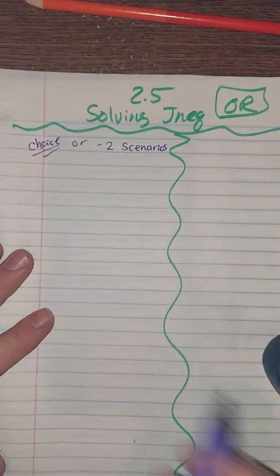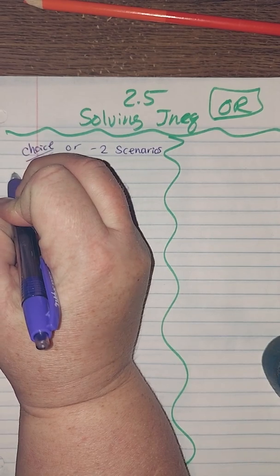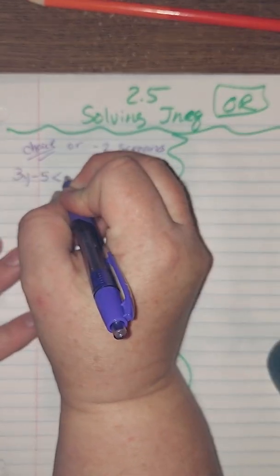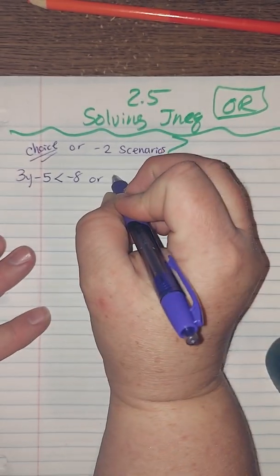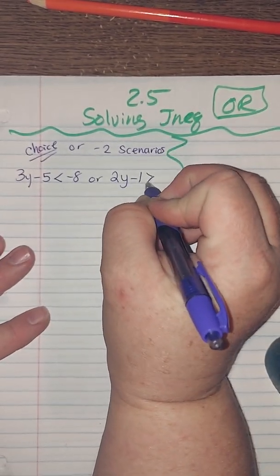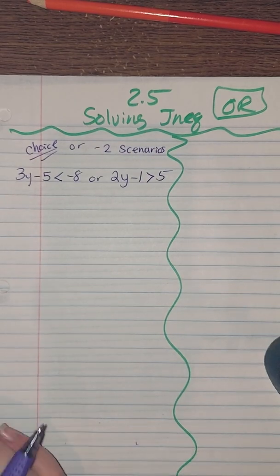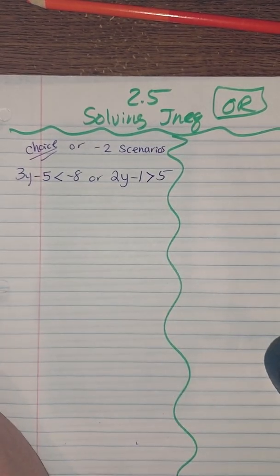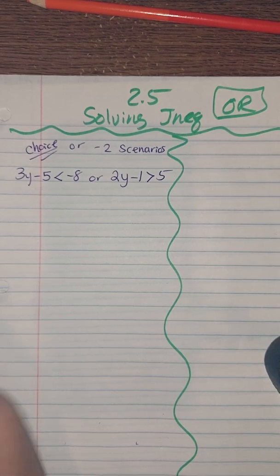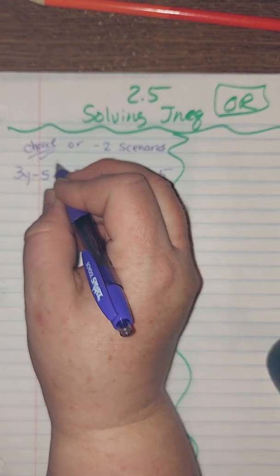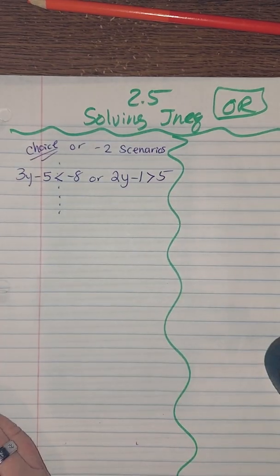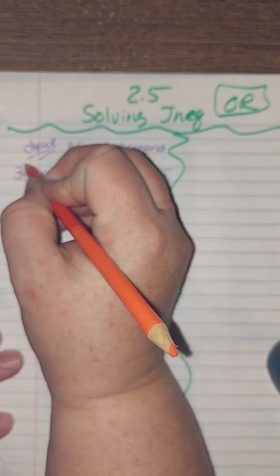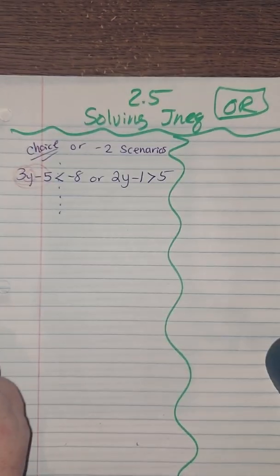Are you ready? So solve 3y minus 5 is less than -8, or, well, you don't get a choice to solve which one you want to solve, but we have to solve these two together. See what I mean? They're two completely separate problems. So you just solve them separately, using your really good skills of onioning to solve for the variable.